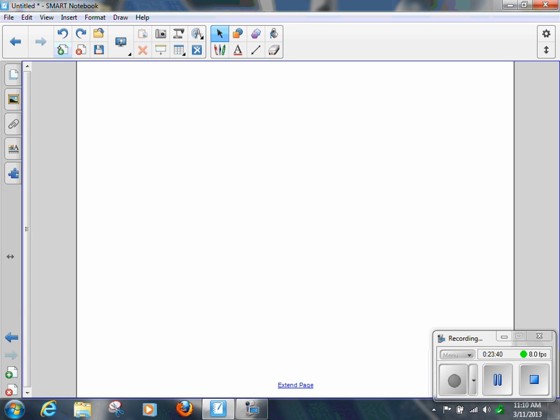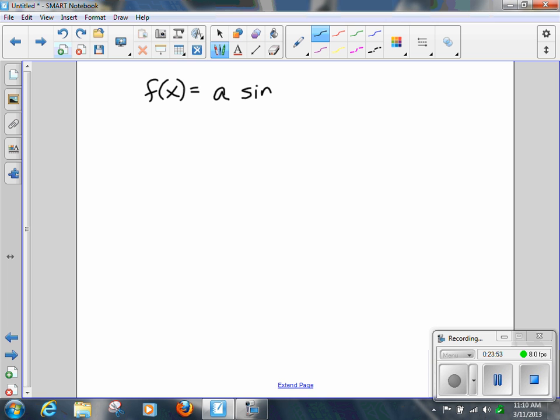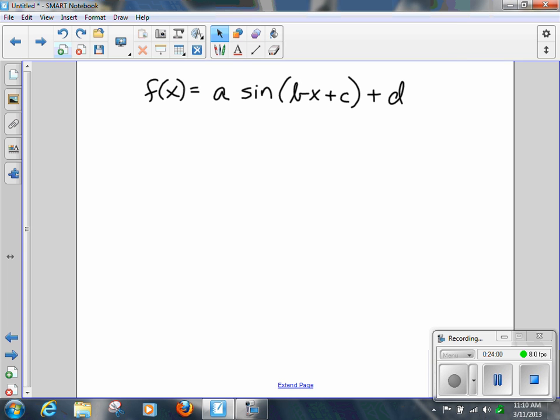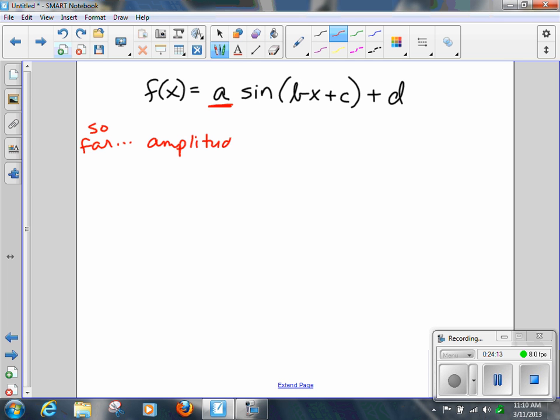All right, let's look at that general equation then. The general equation for these functions is A sine(Bx plus C) plus D. So far, all we know about is A, which is amplitude. How would you describe amplitude?